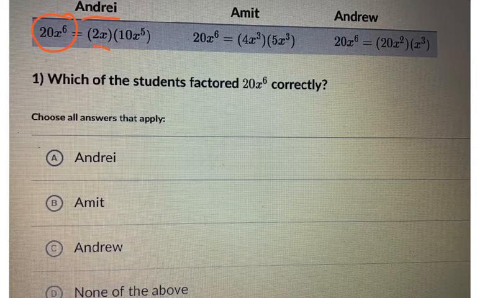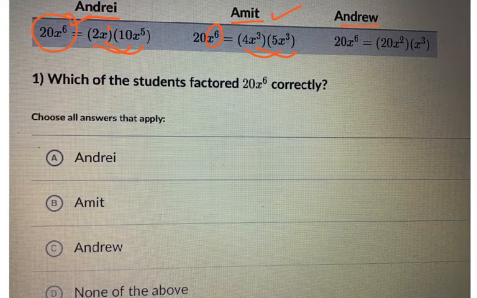Let's test it out. Isn't 2 times 10, 20? x times x^5, remember, that's x^6. So Andre is right. Ahmet breaks it down a little differently. He does 4 times 5, and then x^3 times x^3 is x^6. So Ahmet's right there.